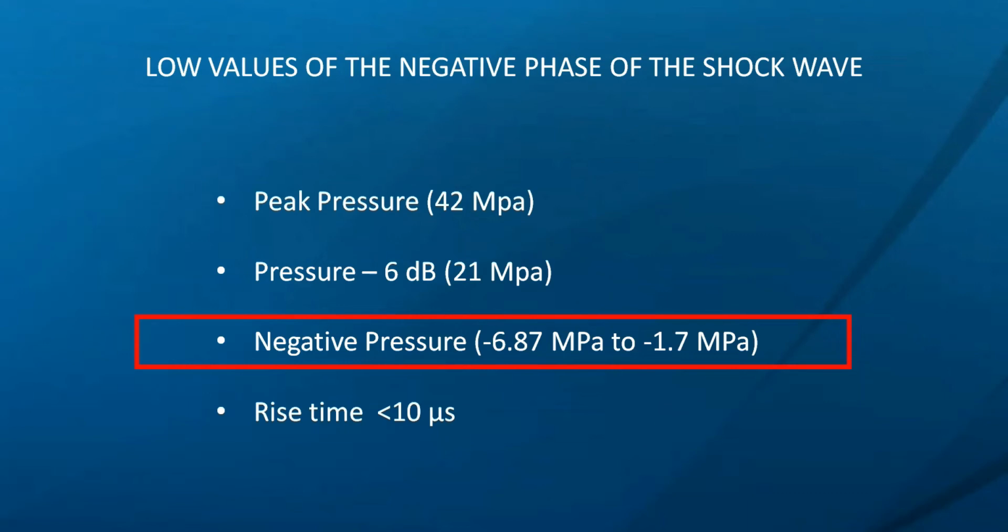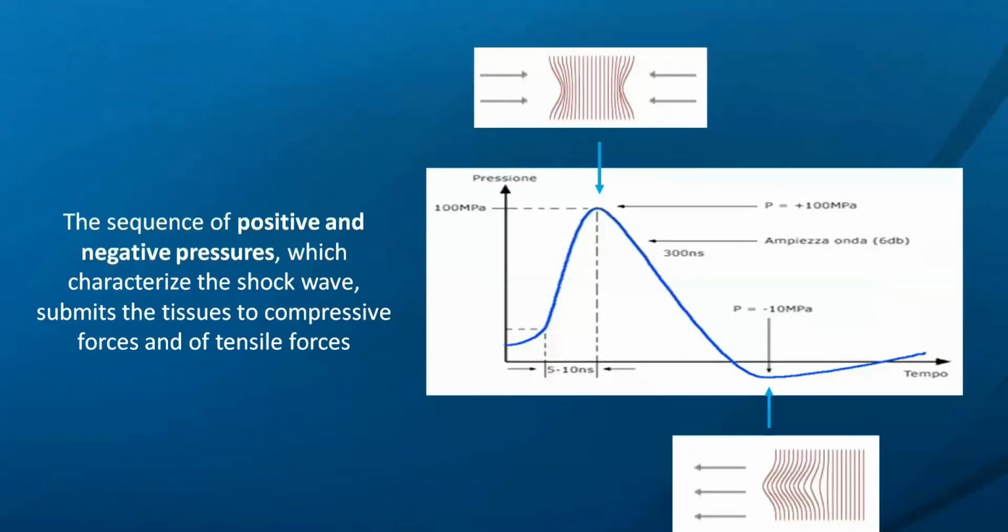And another aspect is the low levels of the negative pressure of the cavitation phase of the shock waves. This is an explanation of what happens when the shock waves are delivered to the tissue. We have a positive phase and a negative phase of the shock waves. The positive phase is a compression phase.